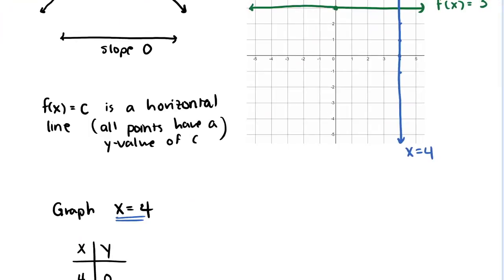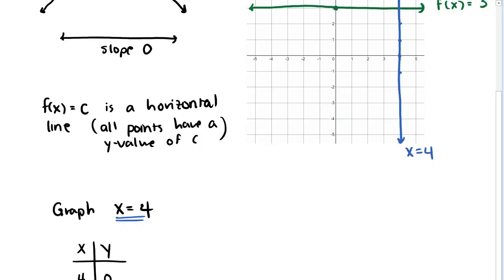And so much like f of x is equal to c, or y is equal to c, is a horizontal line consisting of all the points with the y value of c, the graph of x is equal to some number is a vertical line consisting of all the points with x values of that number.